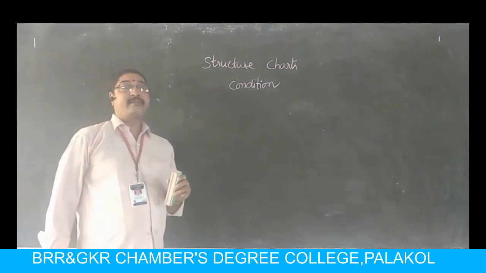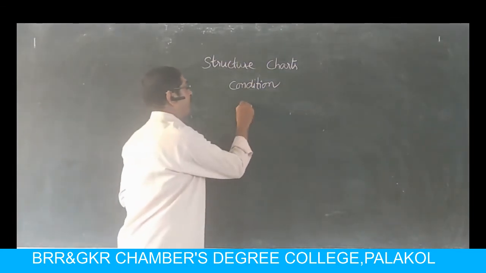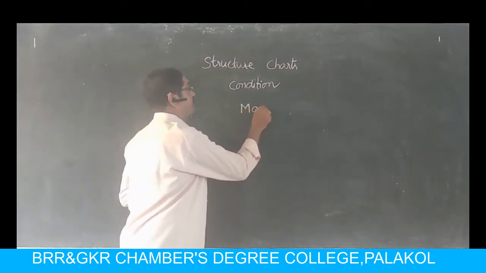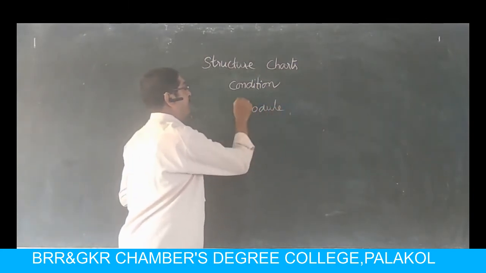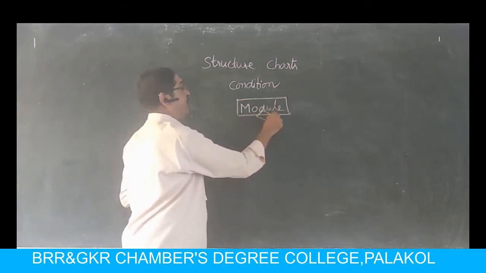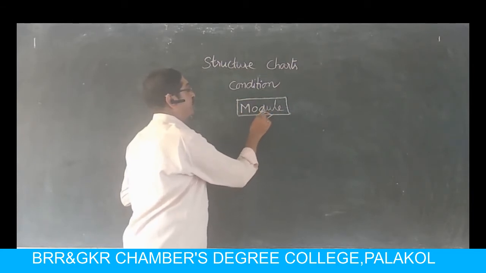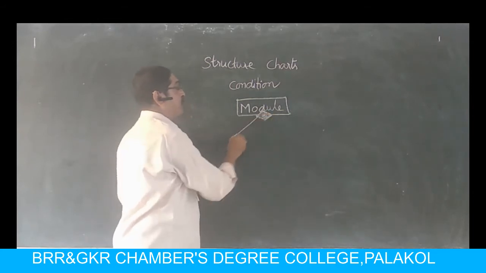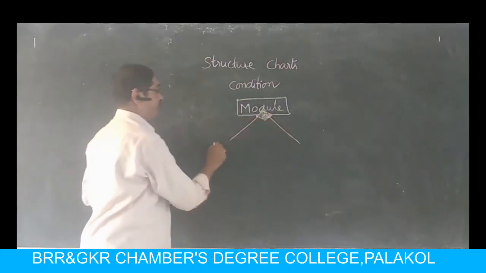So how can you represent this condition? We'll have a module. It will be represented like this. We have to use a diamond to show this is a condition module, and we'll have submodules here.